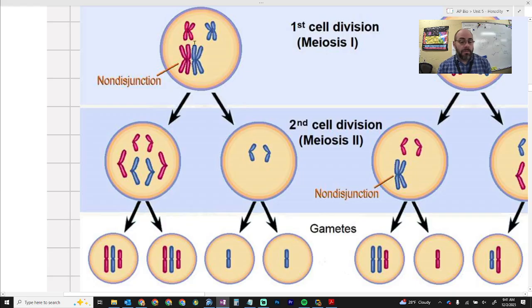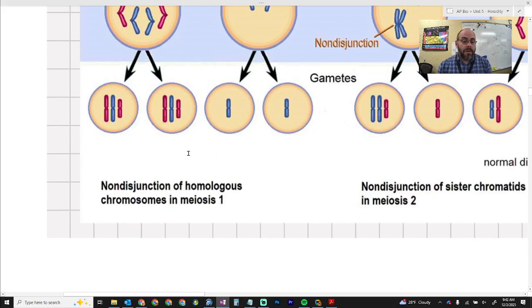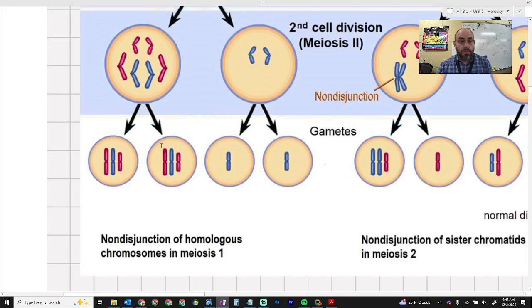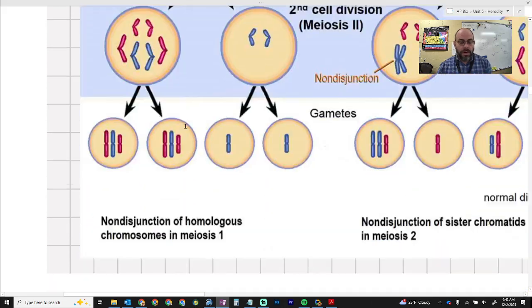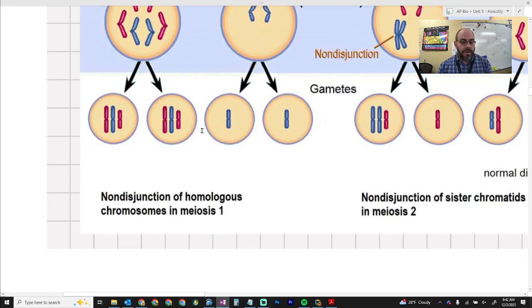What's that going to do? Well, blue is going to go over here to the right. Red, blue is going to go over here to the left. So now we have way too many chromosomes over here on the right. On the left, we have not enough chromosomes. And so our resulting gametes, each gamete should have one of each, right?